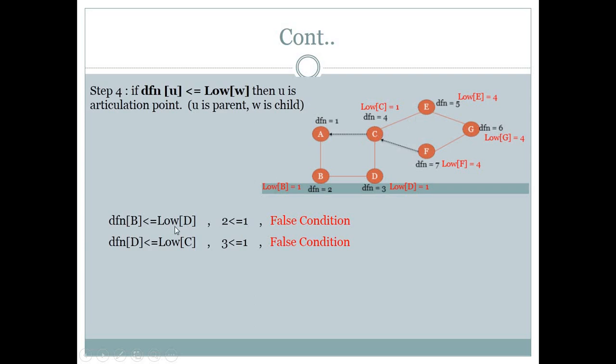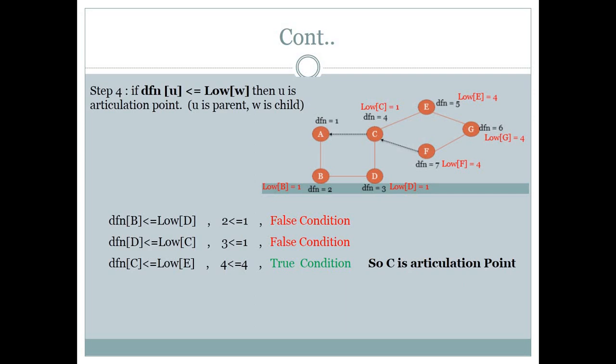From C and E, is DFN of C less than or equal to low of E? Here DFN of C is 4, and low of E is also 4. So this condition is true. It means C is our articulation point. There can be one or many articulation points in a graph, so we have to check this condition for every vertex.